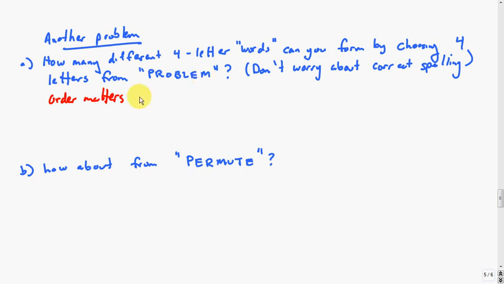So we can use the product rule. Or, well, not the product rule. We can use permutations, I mean.